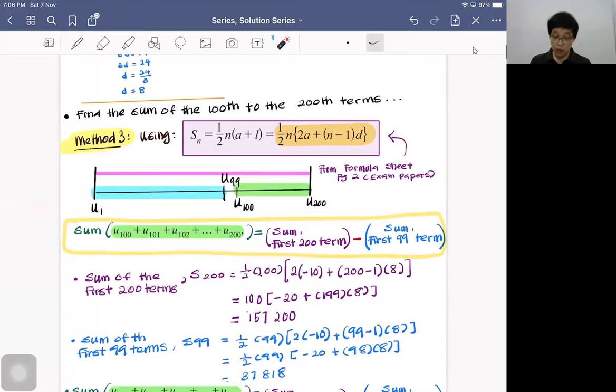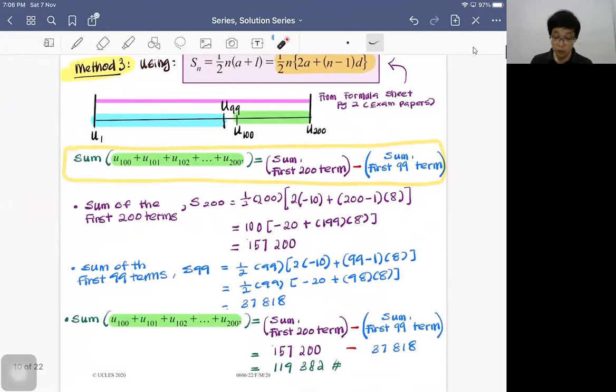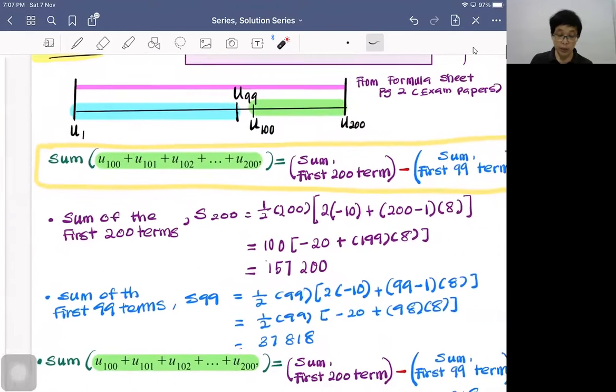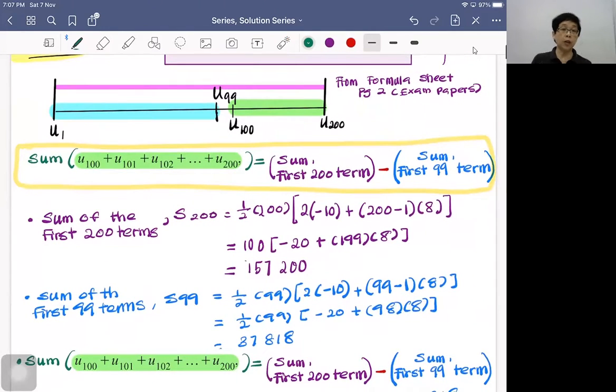We will use the formula that was given to us, this portion, and find the sum of the first 200. For this case, we can comfortably know that n is 200.